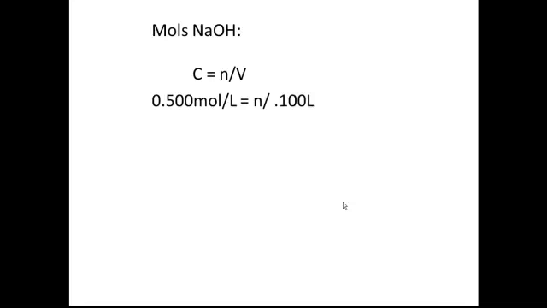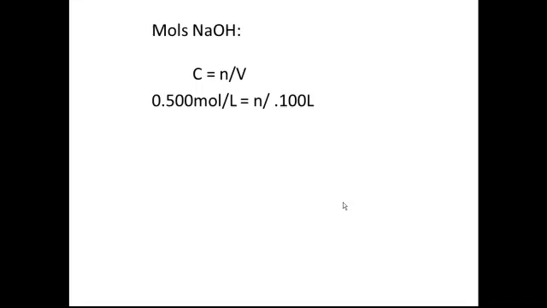So to calculate the number of moles, we are going to use the formula concentration is equal to the number of moles divided by the volume. Okay, now this type of concentration is also known as molarity, but we just use the capital C so we don't mix up molarity and molar mass. Okay, now to find the number of moles, we need our concentration of the aqueous sodium hydroxide, which was 0.500 moles per liter.